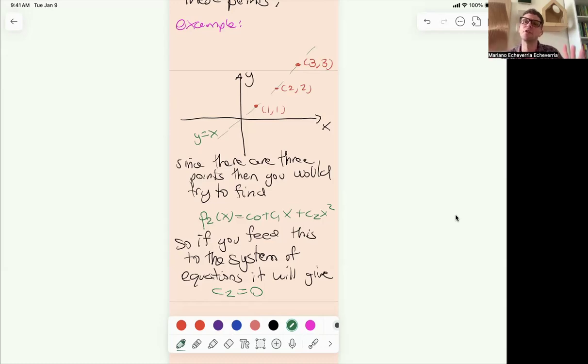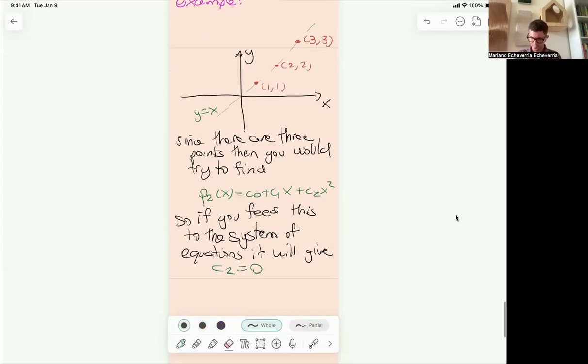So it's not going to produce something odd. It's not going to produce a parabola when it should have been producing a line. And similarly, if it should have produced a parabola, it's not going to give out a cubic. It really just gives you the polynomial that it's supposed to give you. So it is fine for some of these coefficients to be zero, even the highest term coefficient.